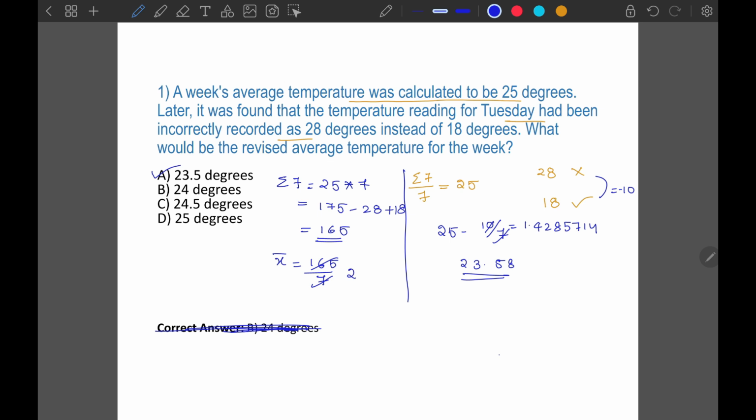Dividing, the approximate value is like 23.5.